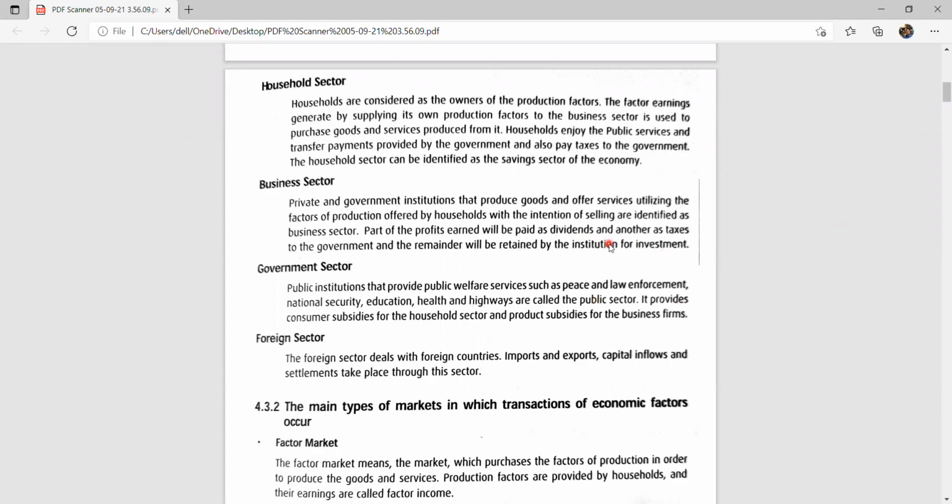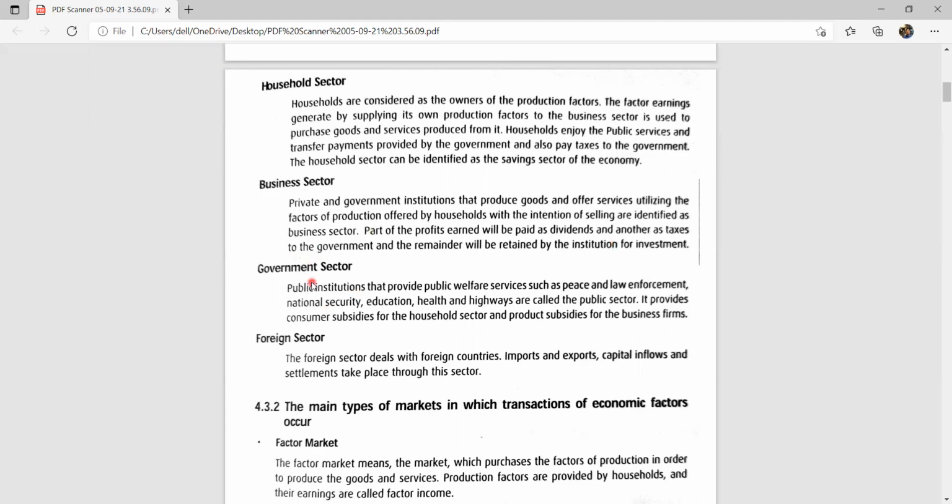Typically, businesses use profit for the owners. Even they can share among shareholders. The rest, the balance, would be retained for the future purpose. I mean, for the investments in the future.